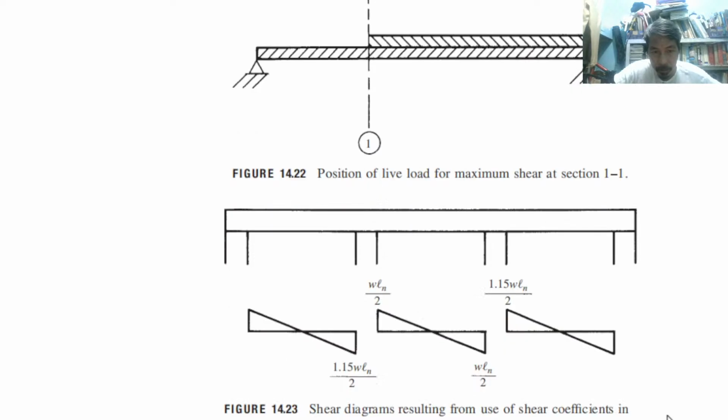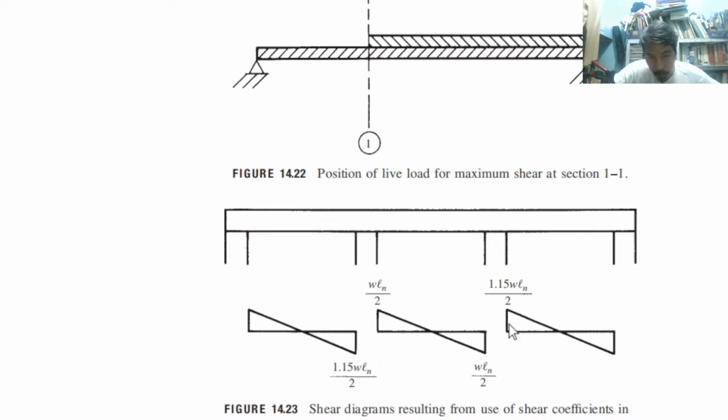Okay. A shear diagram. How about a shear? So this is what we want. 1.15. Okay. Here, this is 1. This is 1.15 WL over 2. So this is what we have on our ACI. This is our ACI coefficient.